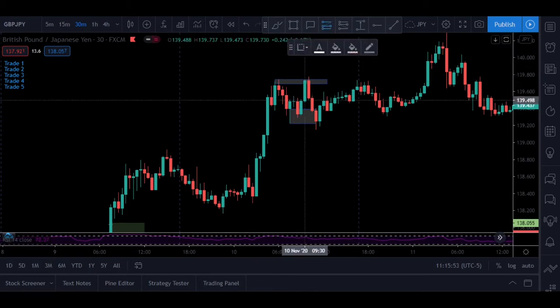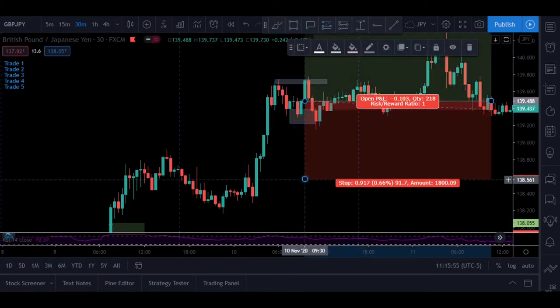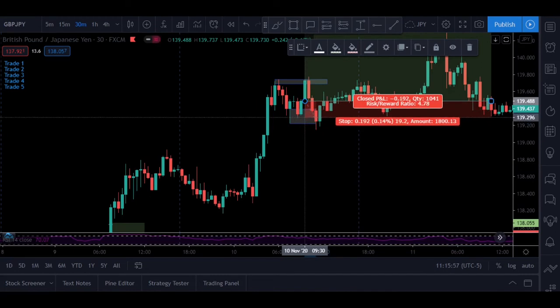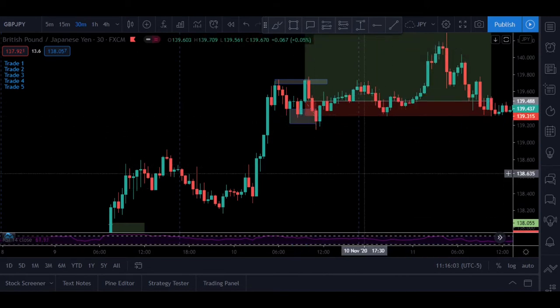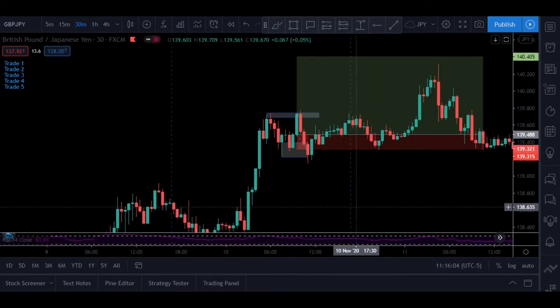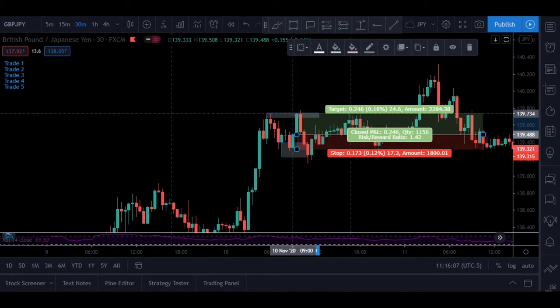So let's see how much the stop loss would have been. Stop loss would have been below this area, again about 17 pips, and take profit above, right into this zone.